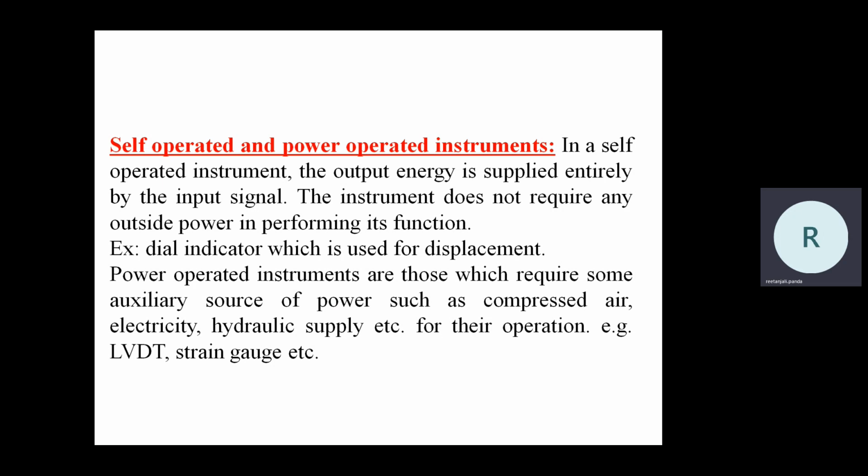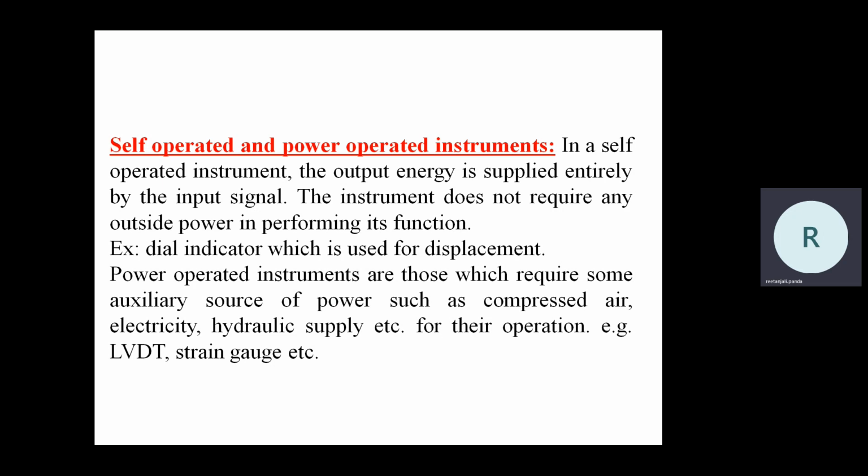So what will it do? You have to give the power, then only there will be an EMF difference we can see. We can read it out, isn't it? That is what is power-operated. Okay, these are the two different types of instruments depending on which type of power or operation.